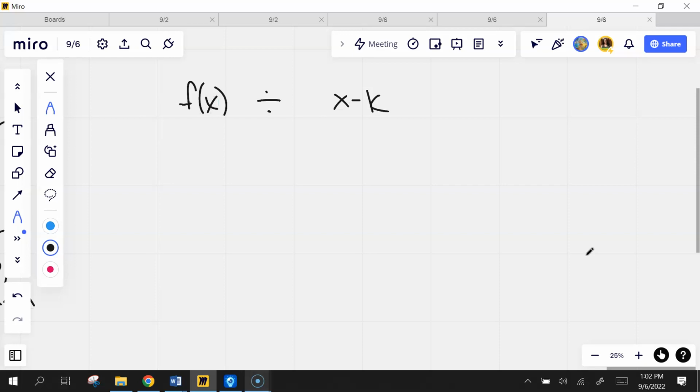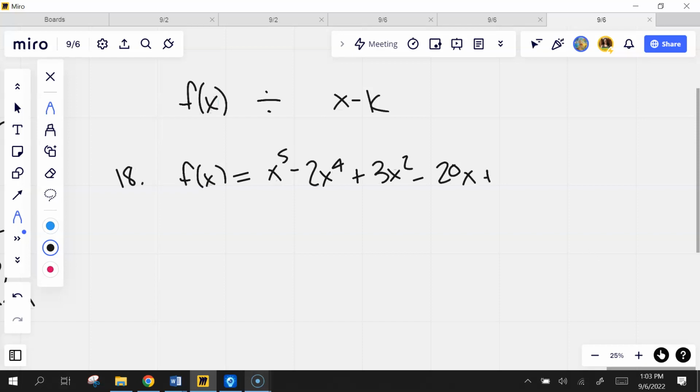I'll do 18 because usually the last ones are the hardest. They say f of x is x to the 5th minus 2x to the 4th plus 3x squared minus 20x plus 3, and k equals -1. Find the remainder if you divide by x minus k. But what does the remainder theorem say?